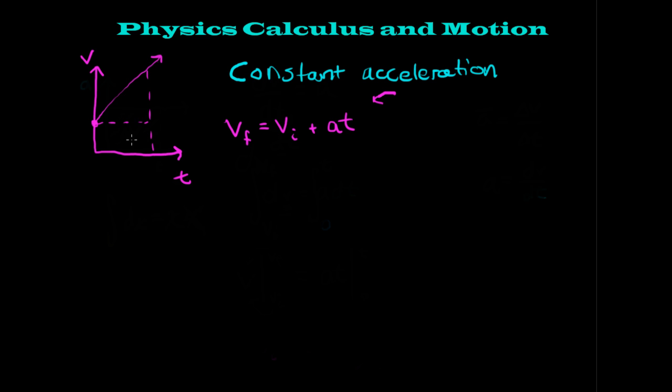We talked about how the sum of these areas under this curve is displacement. Now, if you know what this line is, and you know calculus, then from here you should be able to derive the equations for position without having to use the geometry method.